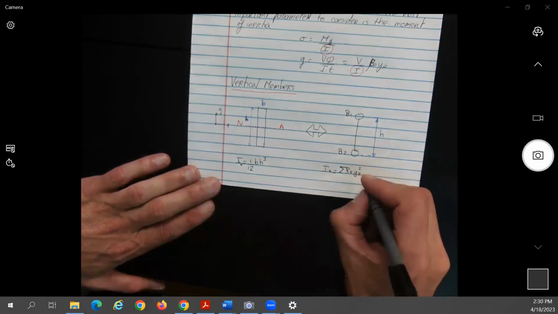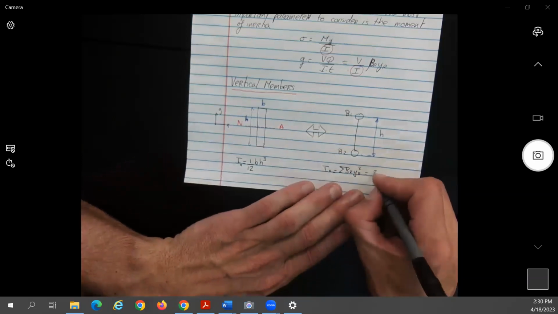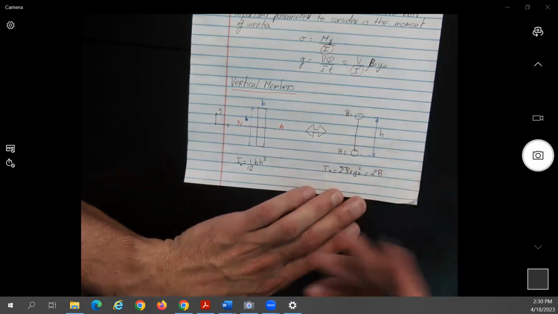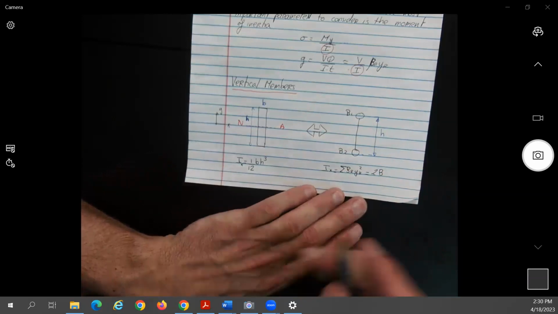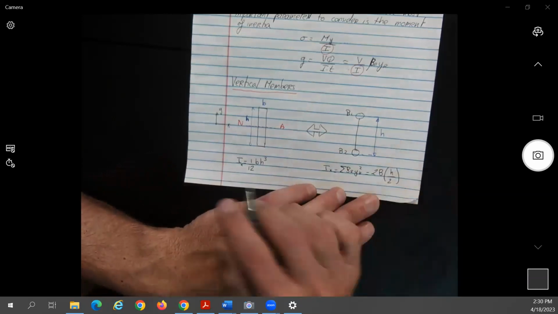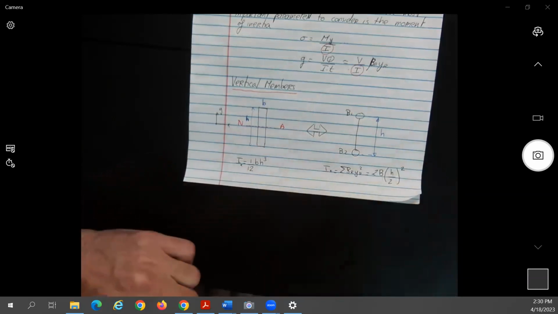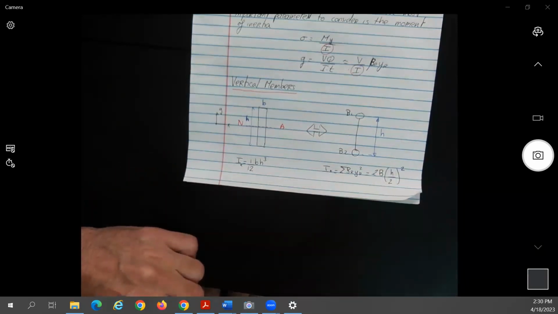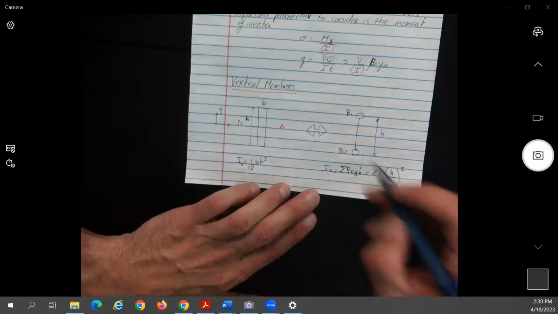So this should be equal to what then? 2 times B, let's say B1 equals B2 for simplification, times h over 2 squared, no?